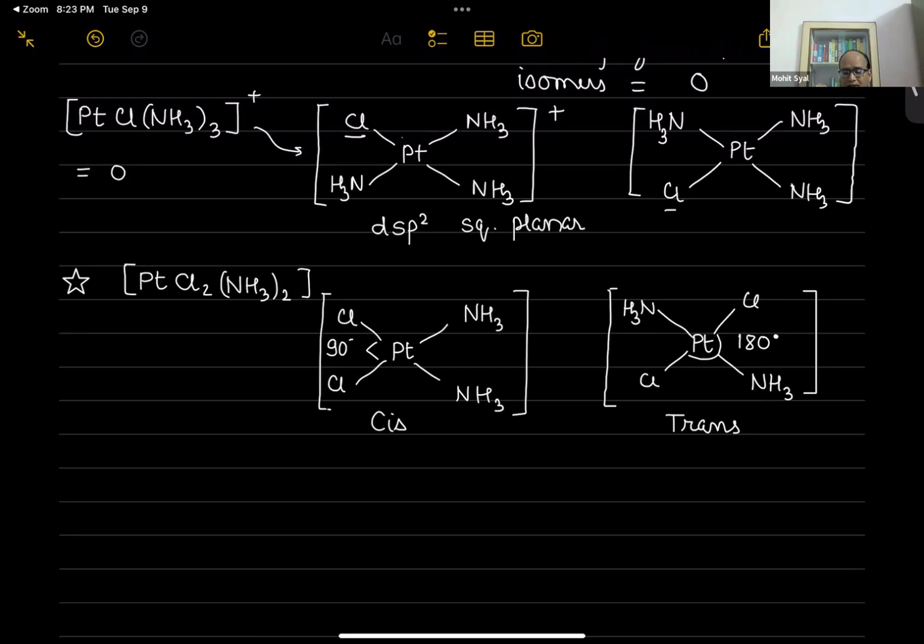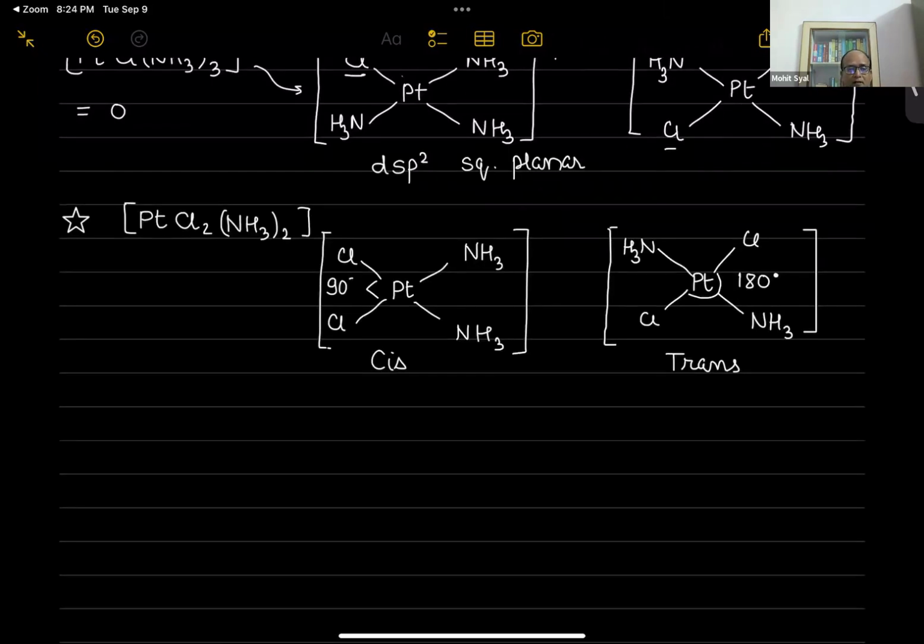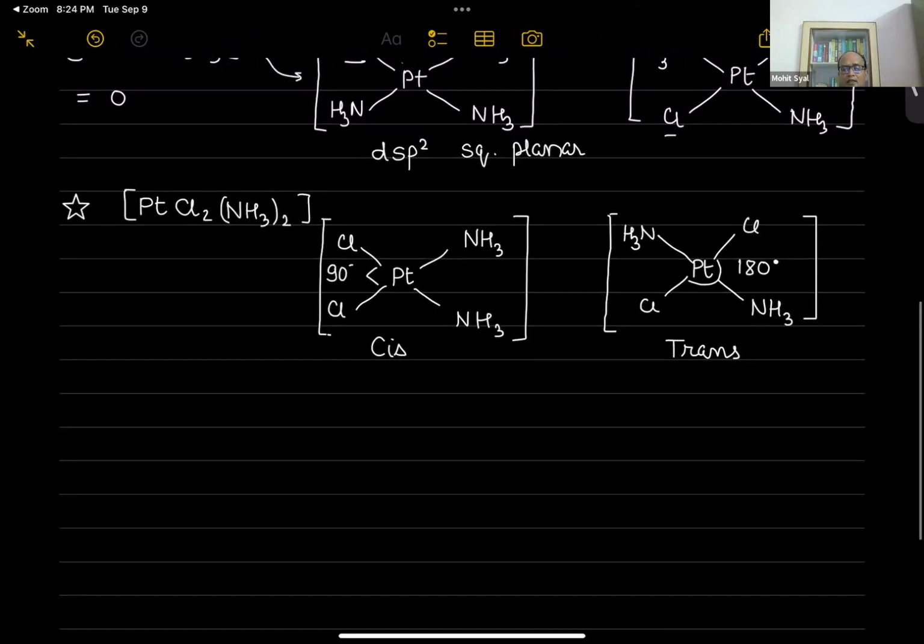Okay, cis and trans, 90 degree, two same, but you need to have at least two ligands of one type and two ligands of another type. It should be heteroleptic. Then only you can consider it to be a complex which can exhibit geometrical isomerism.